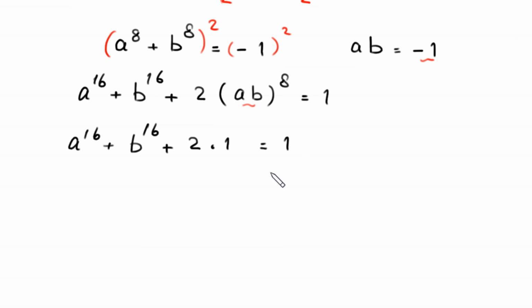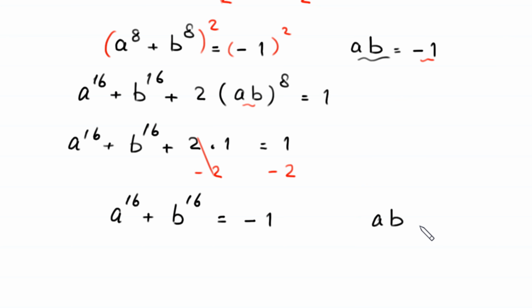We subtract 2 from both sides, so this gets cancelled and we get the value of a to the power 16 plus b to the power 16 equal to negative 1. And we remember this equation, a times b equal to negative 1.